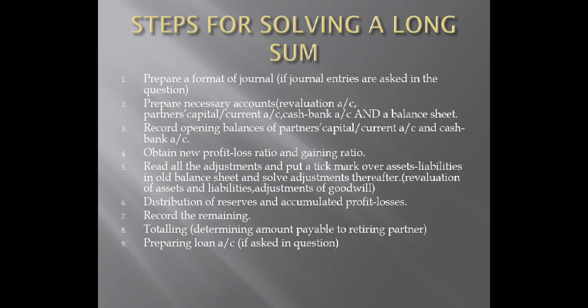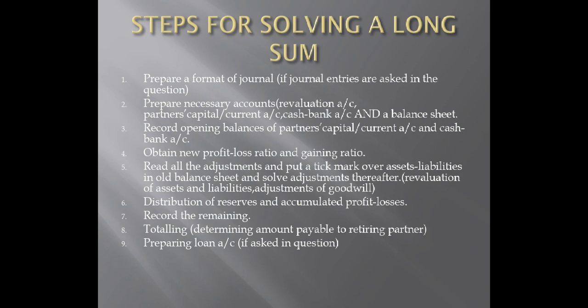That if you are provided with the adjustments related to any of the assets or liabilities, you should read them and you should put a tick mark beside that particular item, and you should write down a number of the same, that this particular adjustment is to be applied over this particular item.